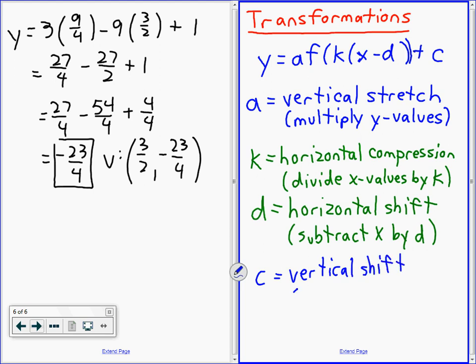And that's going to be add C to y. Okay, hopefully those four things look somewhat familiar. One of the main benefits of having a function is you can do this to any function and do the transformations. And I think you guys did a lot of transformations last year, in grade 11.